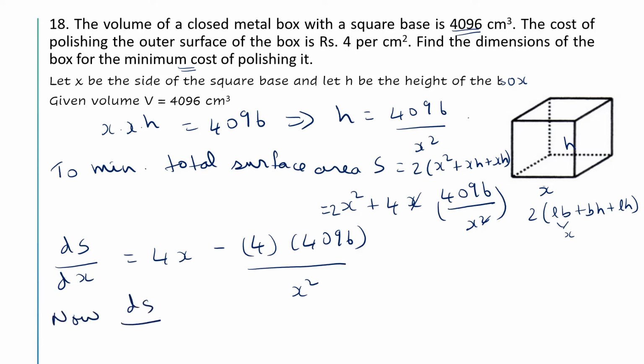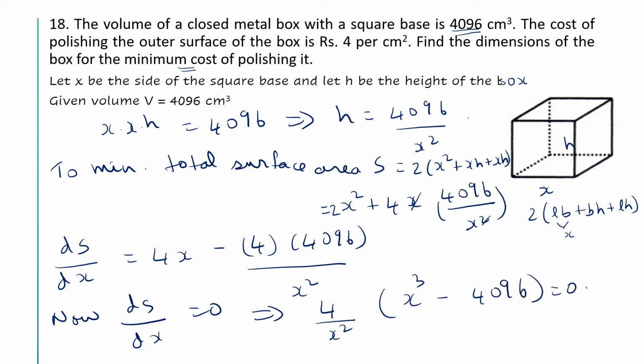Now dS by dx equal to 0 implies 4 by x square, it is common, I am taking it outside, x cube minus 4096 equal to 0, or we have x cube equal to 4096, which is nothing but 16 cube. Therefore, x is equal to 16.